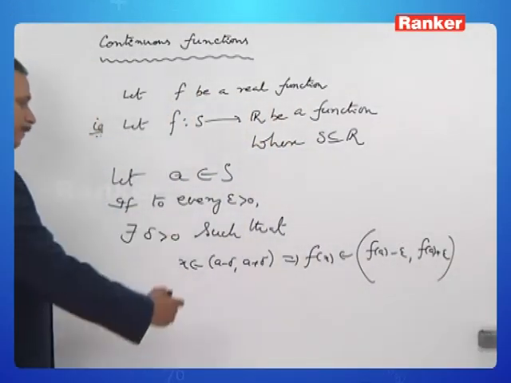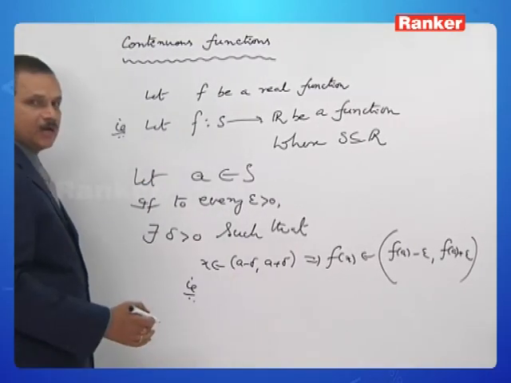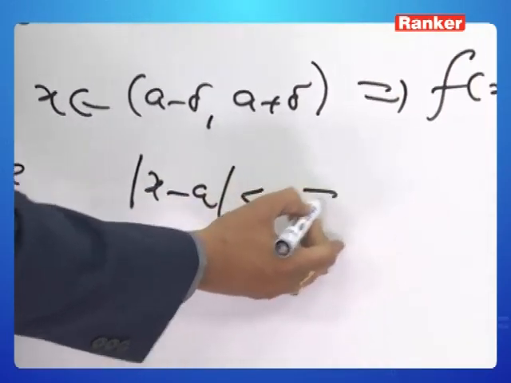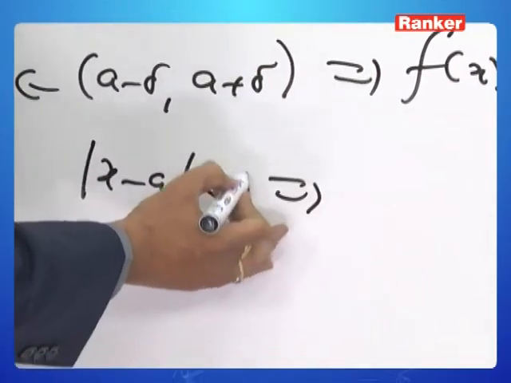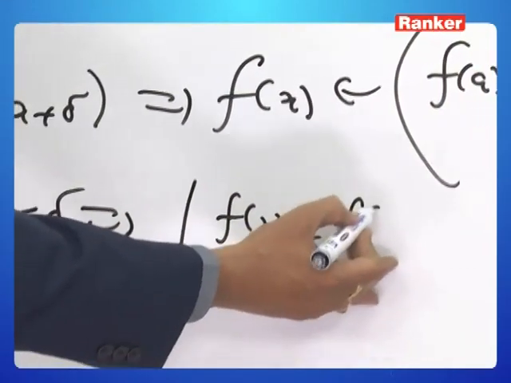That is, x belongs to A minus delta to A plus delta. What does it mean? Mod x minus A less than delta implies mod f of x minus f of A less than epsilon.